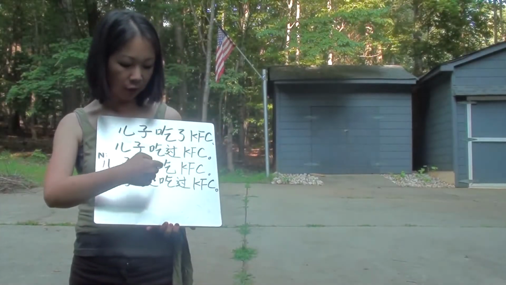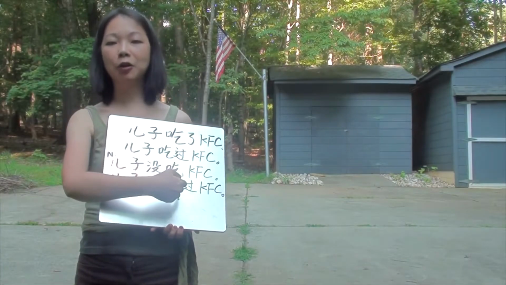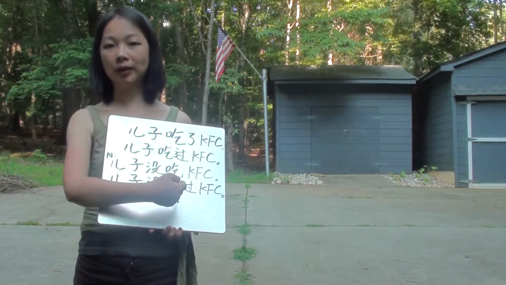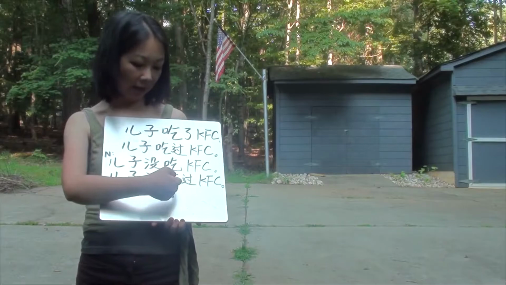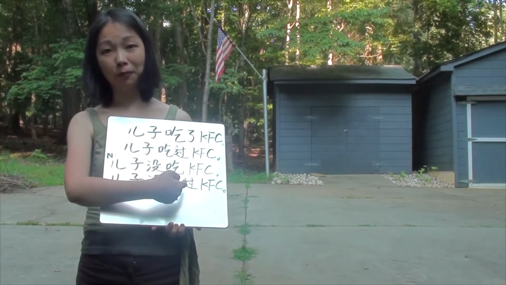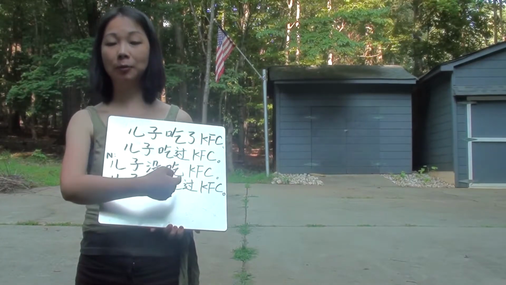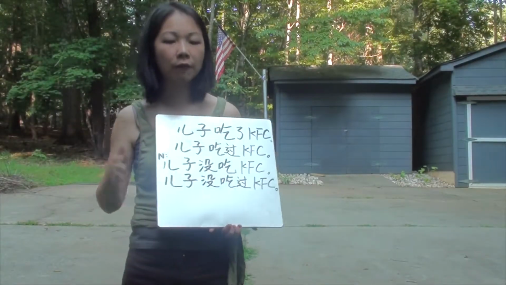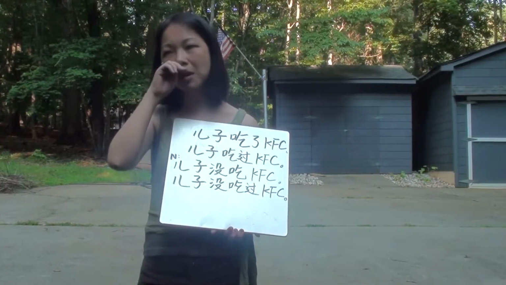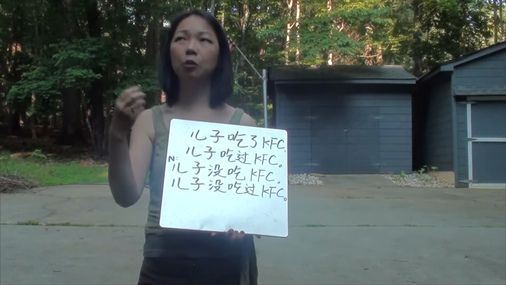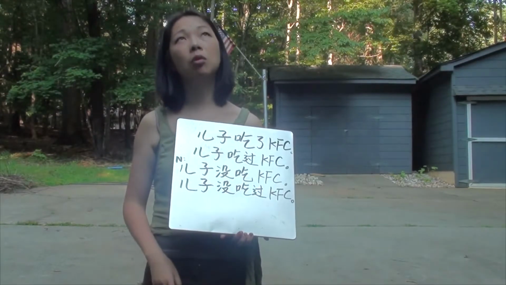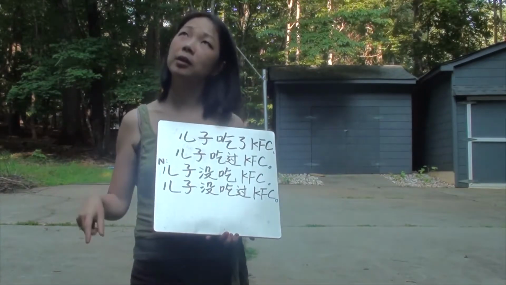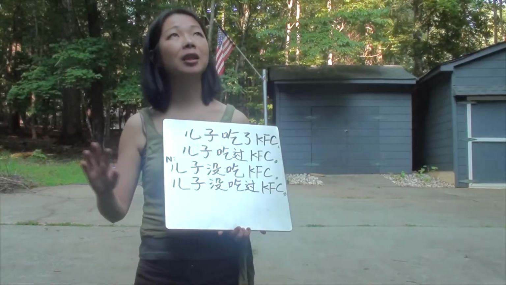儿子没吃过肯德基. You still need to put a 过 there. 过 has a negative form. When you use the negative form, you still put a 过 there. 没吃过, 没吃. So if I were you, I would not remember it from the grammar perspective. 过 can be left there. 了 doesn't have a negative form.